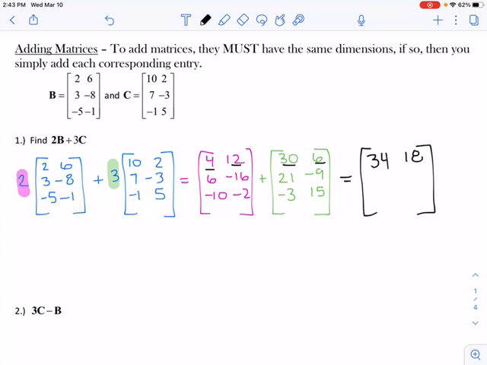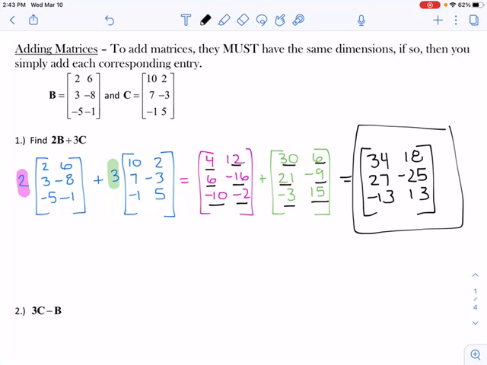In my middle row, 6 plus 21 is 27. -16 plus -9 is -25. In the bottom row, -10 and -3 is -13. And -2 plus 15 is a positive 13. And here would be the answer in matrix form.